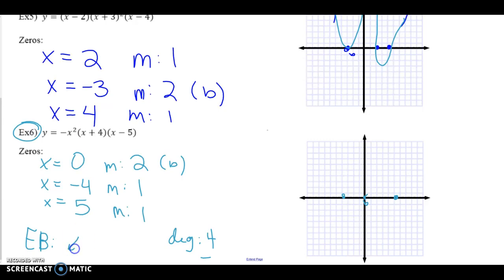Down, down. And since we already have a y-intercept at 0, we don't need to find that. We can just go on the roller coaster ride. So we're really just looking for when it crosses, when it bounces, and when it crosses again. Make sure you have the end behavior right.